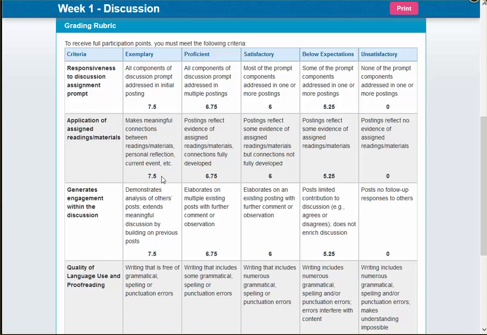Well, while you're answering your discussion post in full, you need to bring in some content from your readings, from a personal experience, from a current event, to bring that into the conversation. What did you read that can support your answer? How can you elaborate on that based on your reading materials, on something that's current in the news, or even a personal experience?